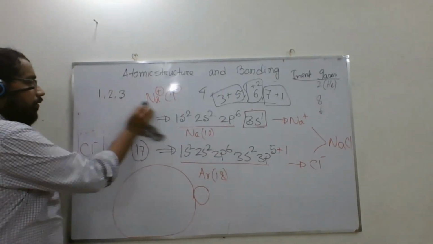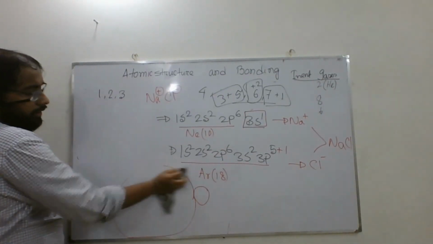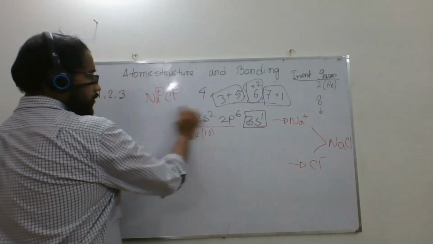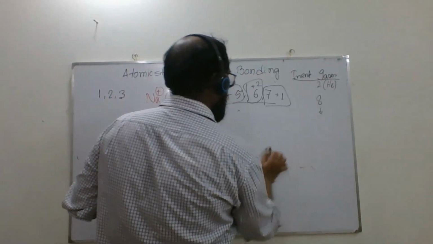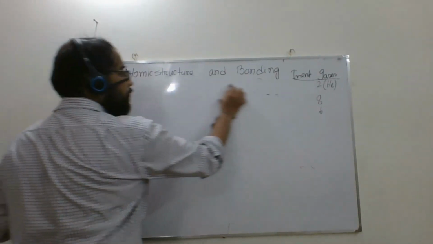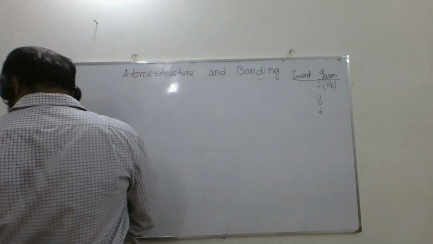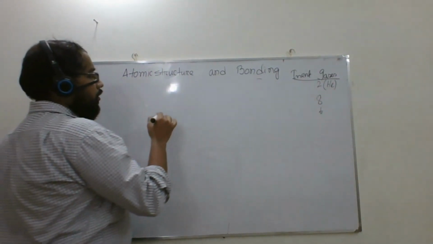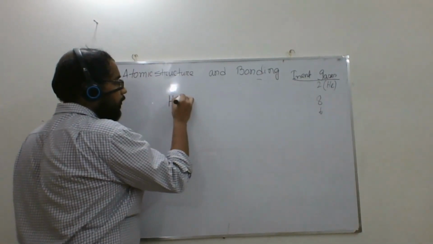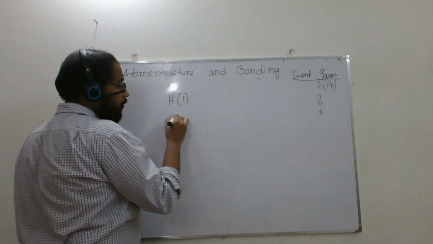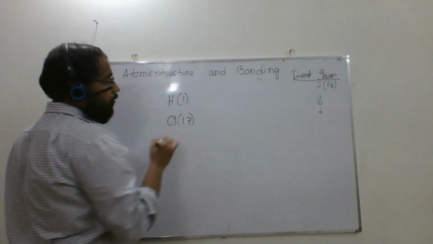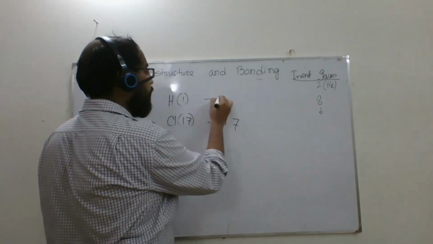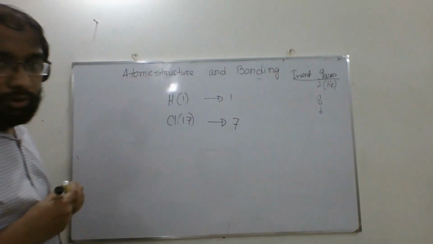Now, if non-metal and non-metal want to bond with each other, then what will happen? Suppose hydrogen has 1 electron, chlorine has 17 electrons. Chlorine has 7 electrons in its outermost shell, and hydrogen has 1 electron in its outermost shell.